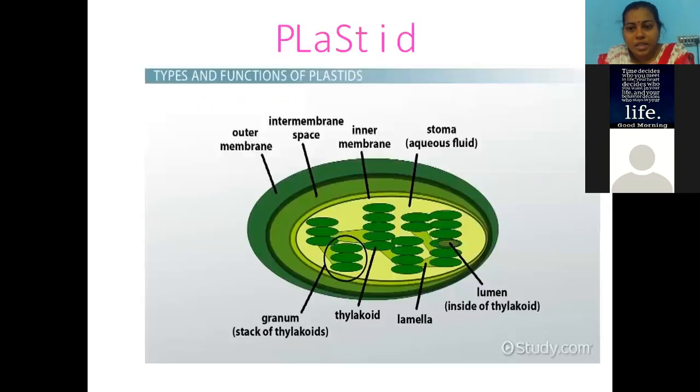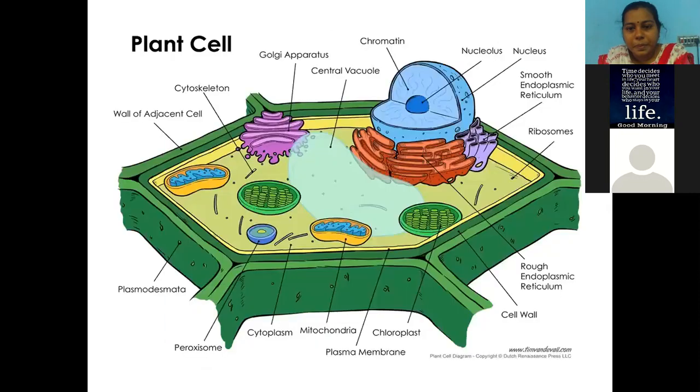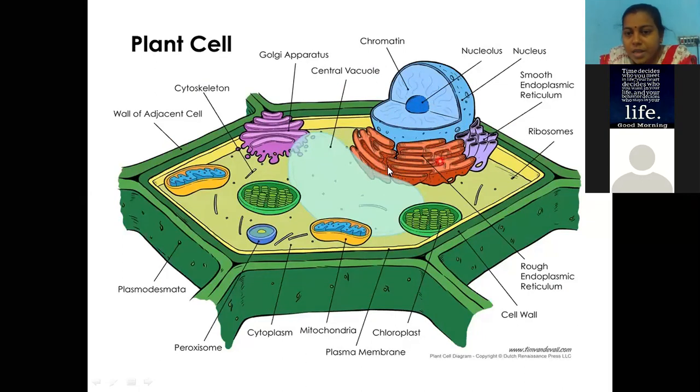See, this is the plant cell, students. In the center we have the nucleus, and around the nucleus we have the endoplasmic reticulum. In short, we can call it ER.